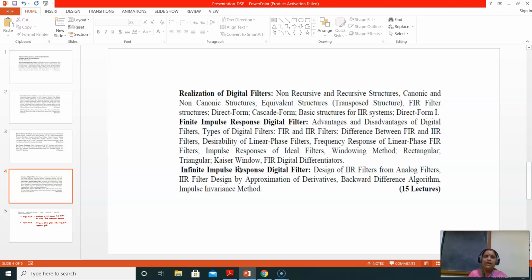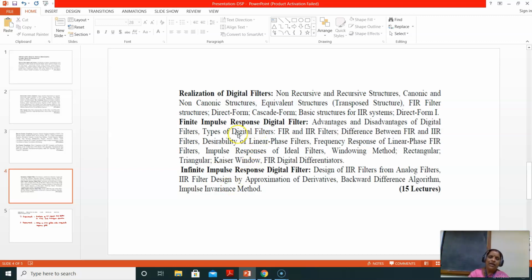The next chapter deals with realization of digital filters. So in this chapter we will see the non-recursive and recursive structures, that is FIR and IIR structures, for implementing FIR filter and IIR filter.